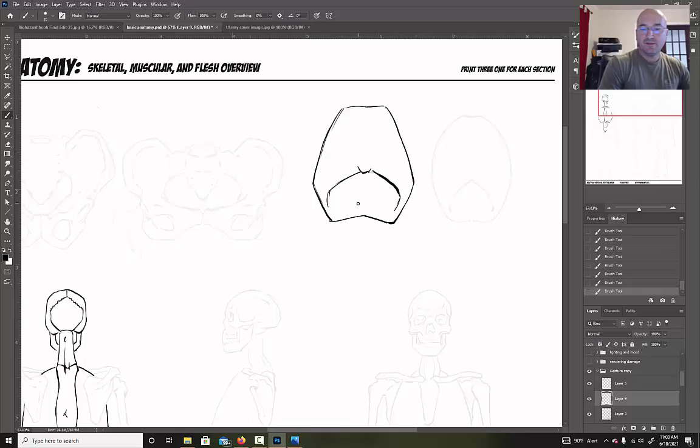And then down here, these are actually your floating ribs. Your spine is running through down here at the bottom, and then you've got the ribs all attaching in here. The sternum is sitting up here.